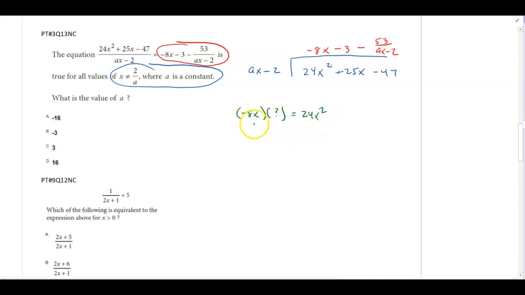Well, just use common sense, it's got to be negative 3x. That tells you what I would have to multiply negative 8x by. What is in the place of a? A would be negative 3, which is letter B.